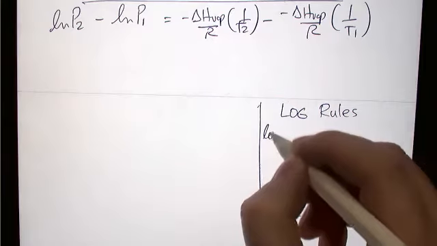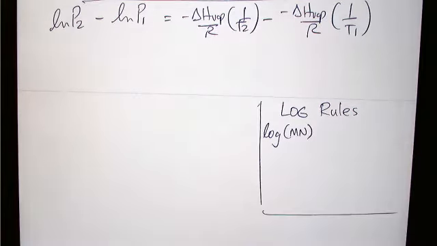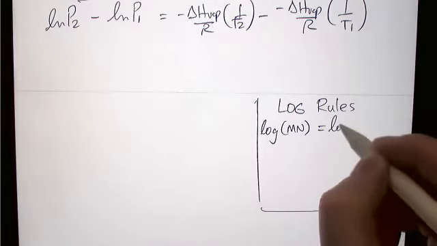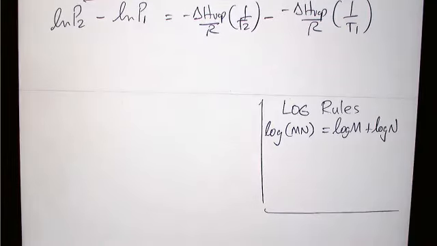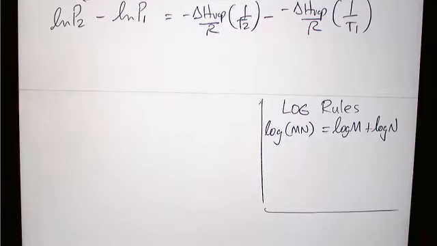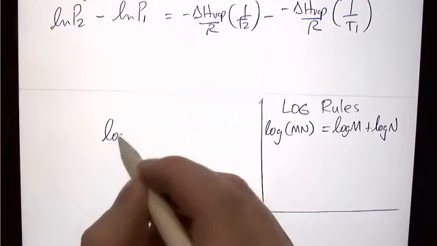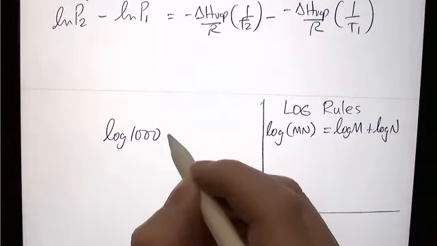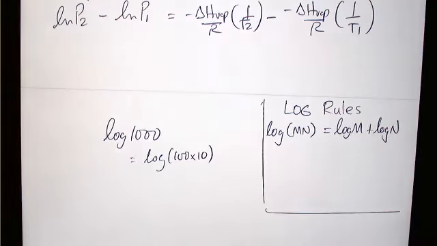One is the product rule. If you take the log of a product, two numbers multiplied, let's say m times n, that will equal the sum of the logarithms. So the log of m plus the log of n is the same as the log of m times n. I can illustrate that rather easily. The log of 1,000 is the same as the log of 100 times 10, isn't it?